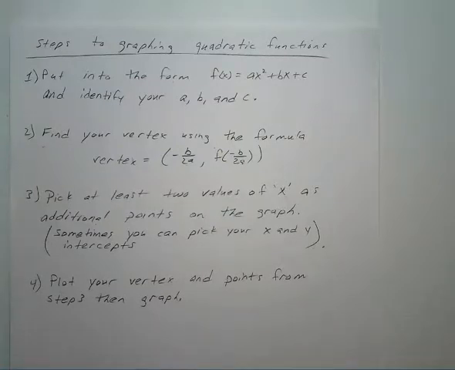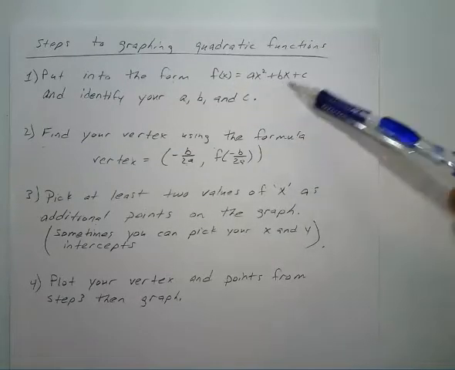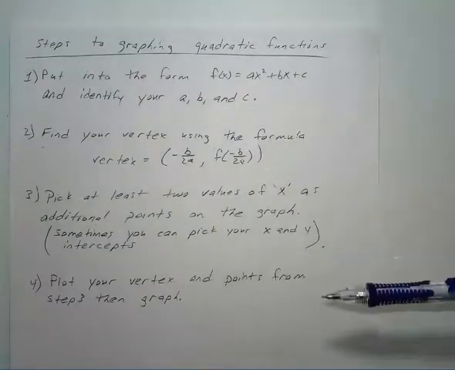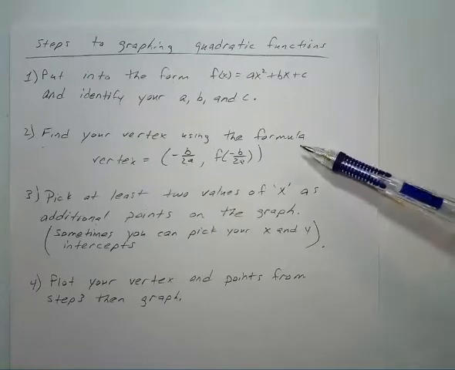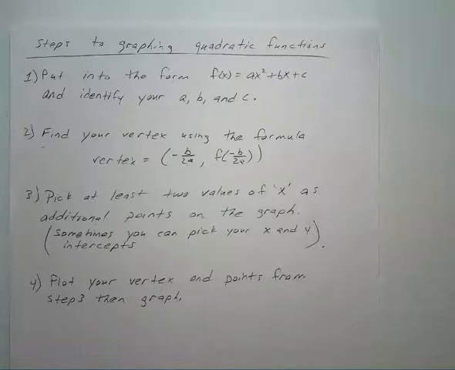The first thing you want to do is put it in the form f of x or y equals ax squared plus bx plus c, and identify your a, b, and c. The second thing you want to do is find your vertex using the vertex formula. That's the very same formula we had on the previous page.